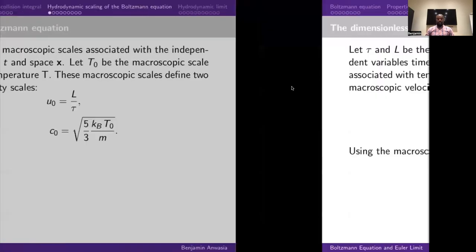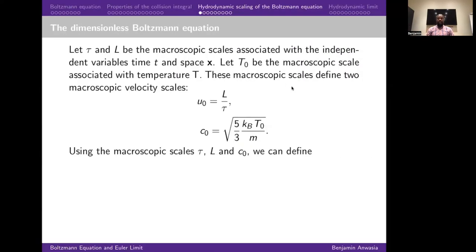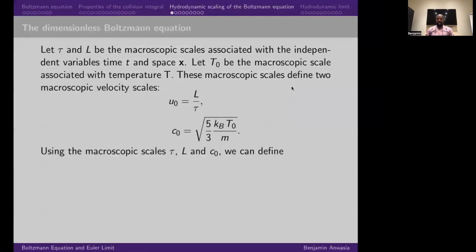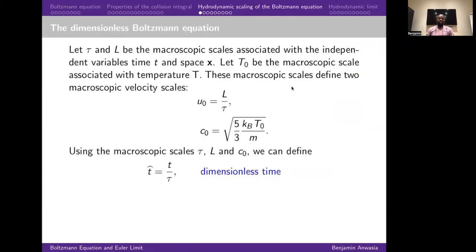Now, using these macroscopic scales, in particular tau, L, and C0, one can define the dimensionless time, t hat, which is equal to t divided by tau. The dimensionless space, x hat, which is equal to x divided by L. The dimensionless velocity, v hat, which is equal to v divided by the speed of sound.